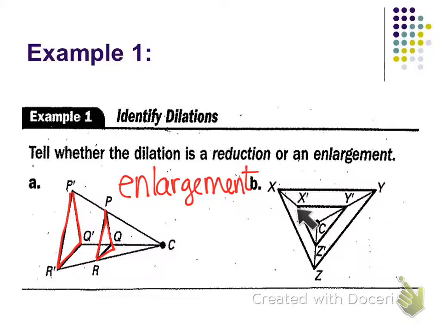It's larger, meaning our new figure is smaller. So it was a reduction. Also notice that on part B, our new figure got closer to the center. The distance from the center to a point with a prime is smaller. It got closer.